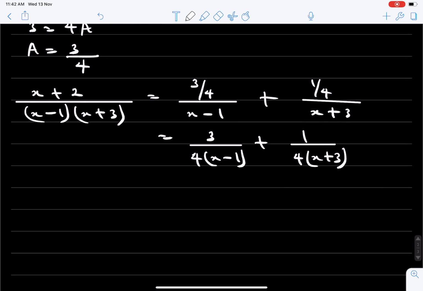So we have split the proper fraction. Then we have the partial fractions into which the original compound fraction is split.